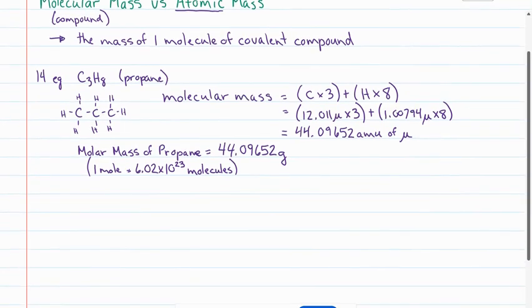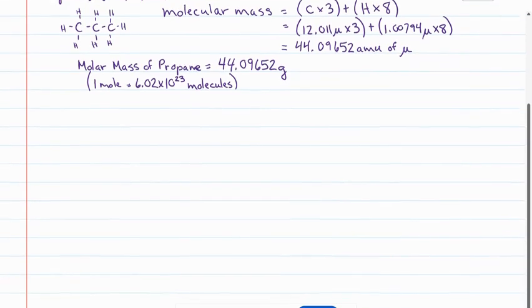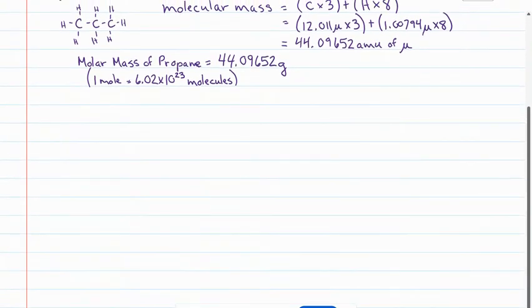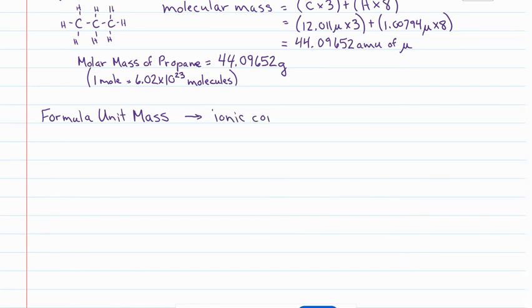Okay, so our next definition is a formula unit mass. And our formula unit mass is used with ionic compounds, as our molecular mass was used in our covalent compounds.